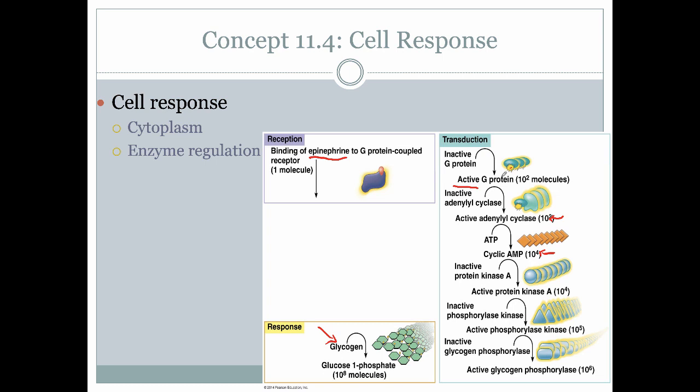The G protein is active, and that G protein now goes and binds to adenylyl cyclase, which activates it. What does adenylyl cyclase do? Adenylyl cyclase converts ATP to cyclic AMP. All right, remember, a small, rapidly diffusible molecule inside the cytosol that will then go and bind to inactive protein kinase A, so PKA, and now PKA is active.